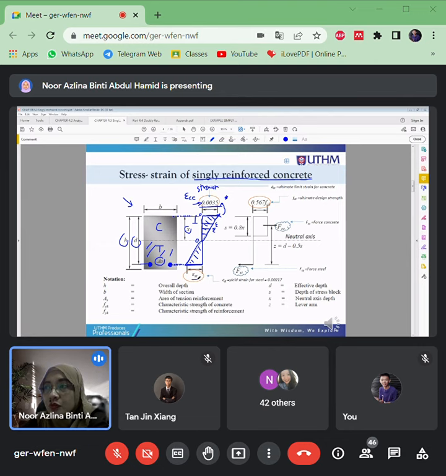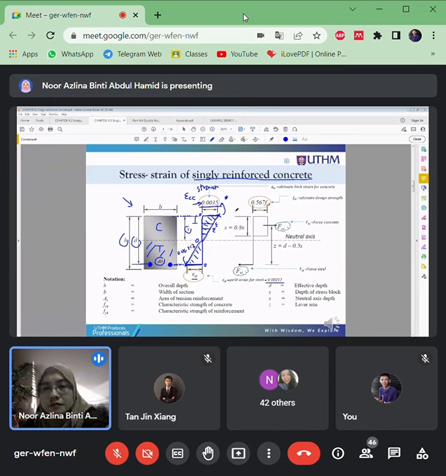Untuk steel, strain for the steel in tension, this is the value, 0.00217. So that means this is 0 here. The maximum one here is 0.00217.